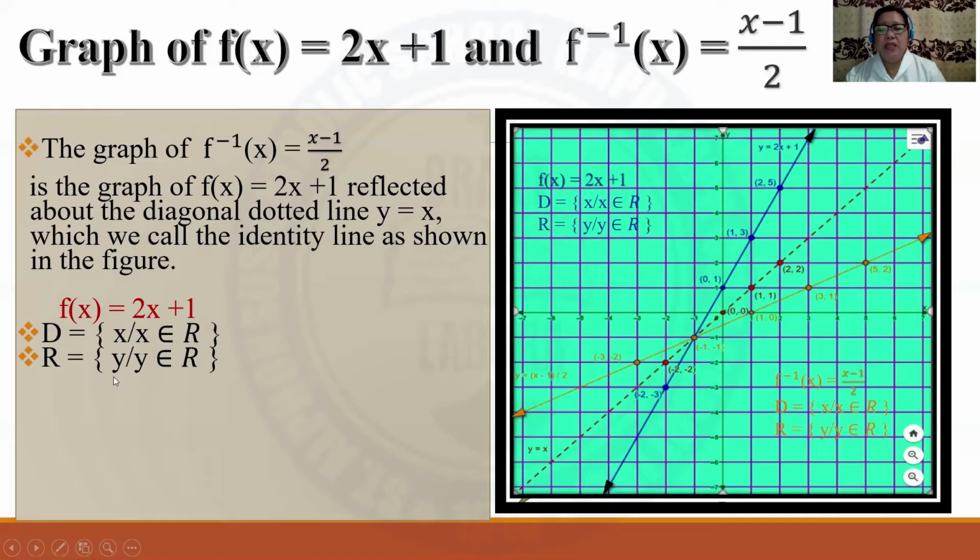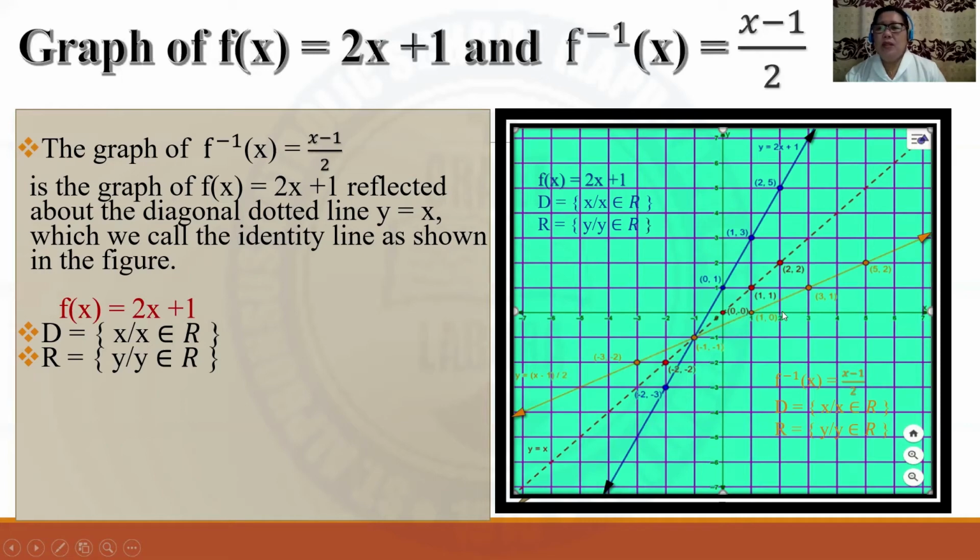And then for the range, still real numbers, because you can use also all the values of y going to positive infinity and all the values of y going to negative infinity as you extend the line. And also with the yellow line for the inverse.